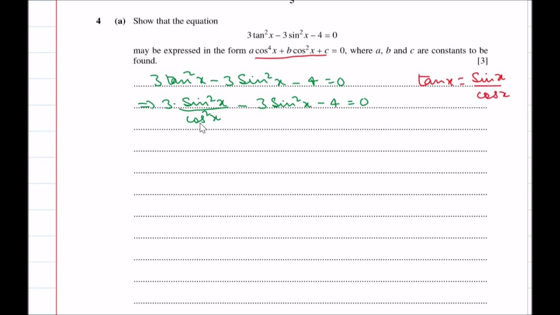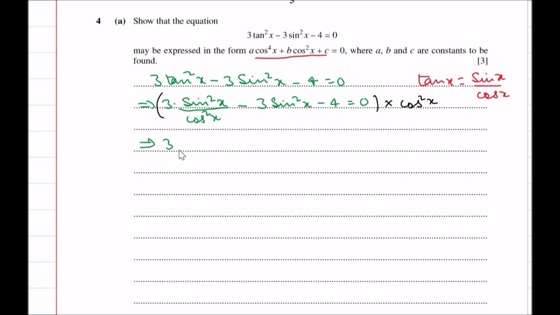Now to get rid of the denominator, we'll multiply all the terms by cos square x. So we get 3 sin square x, because cos square x in the denominator and cos square x in the numerator will be cancelled out.